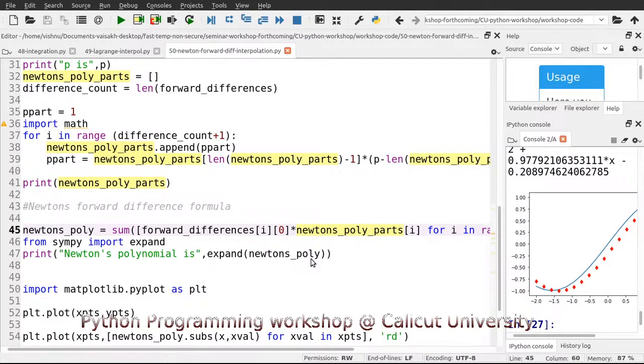Okay, if you want to see the divided differences also, the only major difference here is in how we compute the difference. For backward difference, you just compute the difference in the opposite direction. Afterwards, the formula is exactly the same.